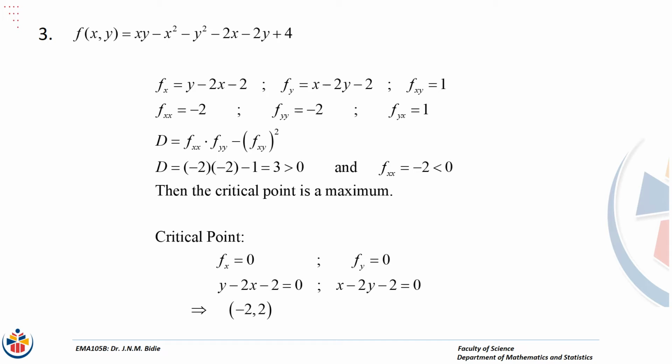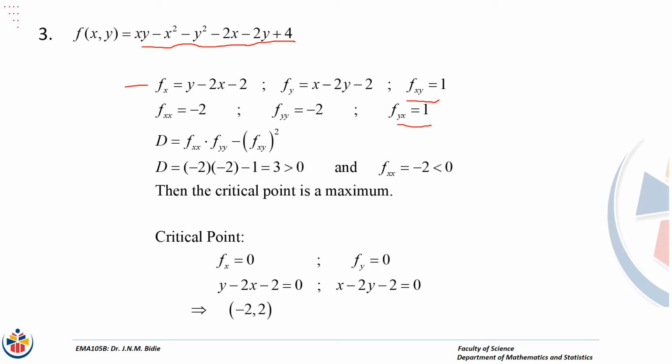Number 3, we've got now xy minus x squared minus y squared minus 2x minus 2y plus 4. Same story. First derivatives, mixed derivatives also. Please check whether my differentiation is correct.